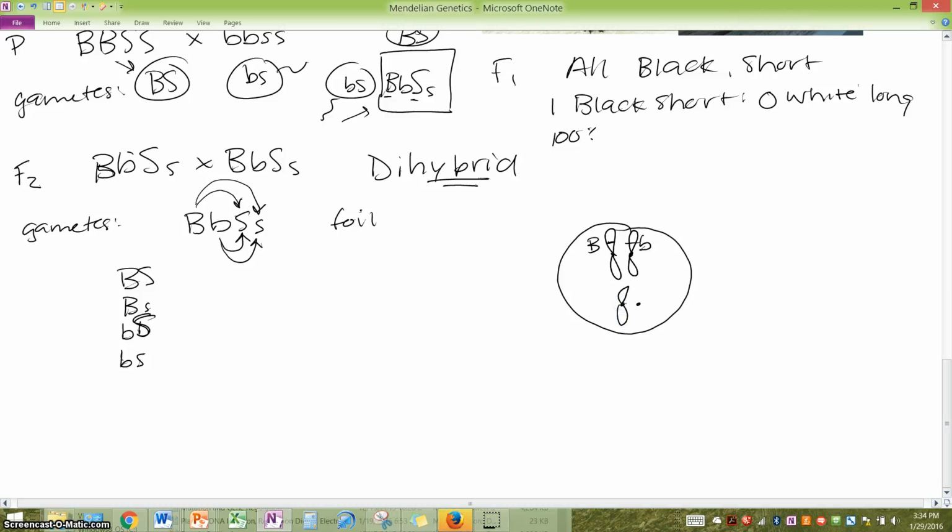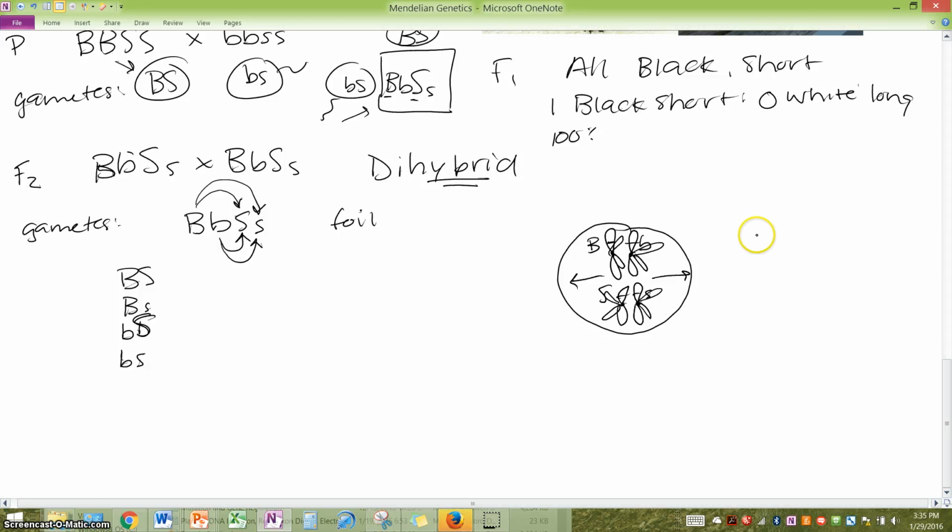On a different chromosome, remember I said these are on different chromosomes, I'm going to have a big S and a little s. Remember that during meiosis, we will do some replication, and then during anaphase 1 of meiosis, we're going to separate these.